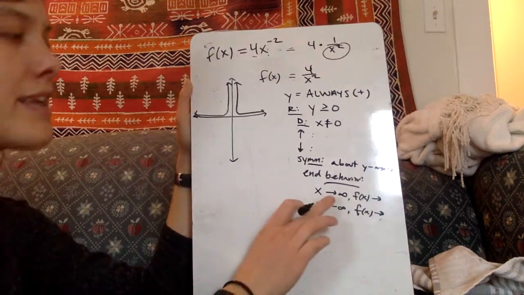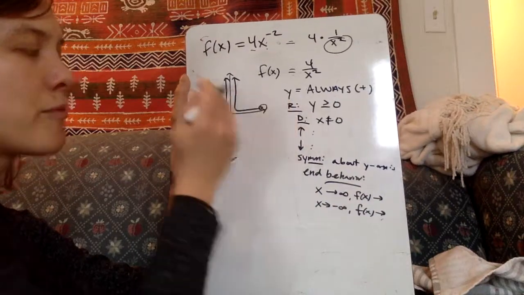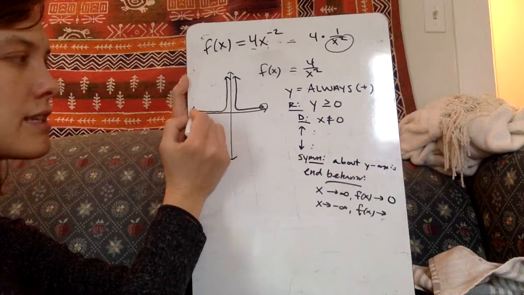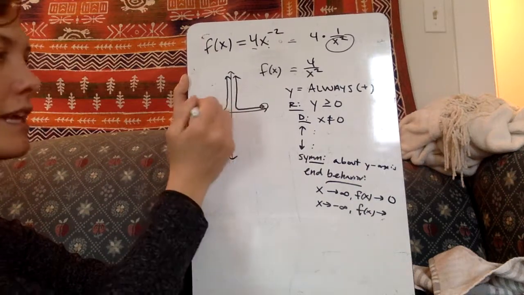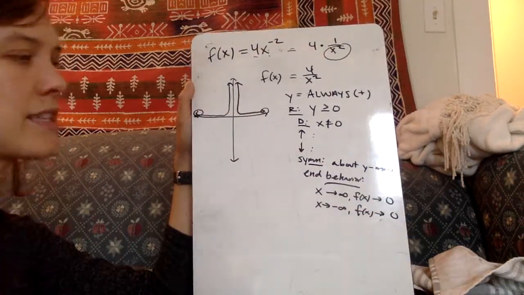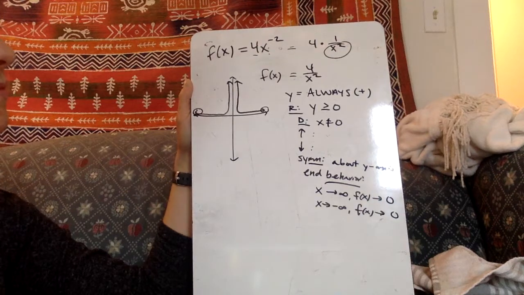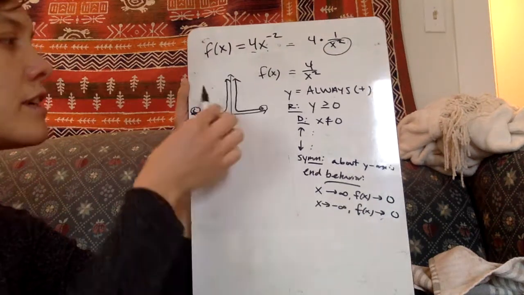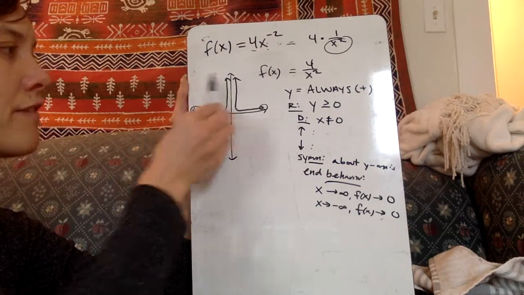So as x approaches infinity, f of x is approaching 0. And as x is approaching negative infinity, or moving in the negative direction, my f of x is also approaching 0.